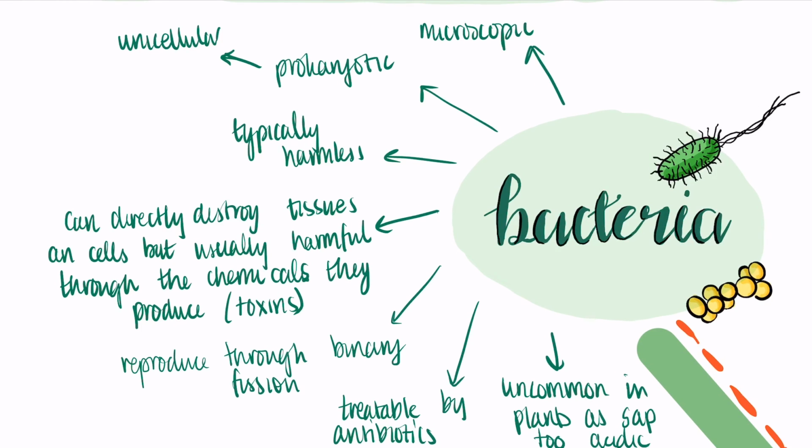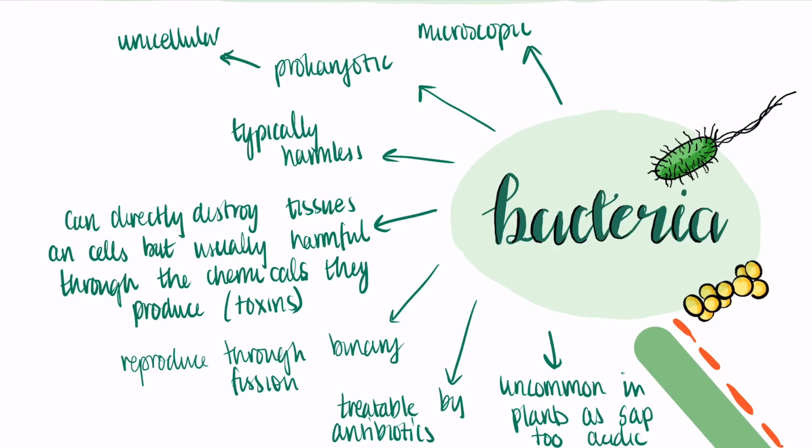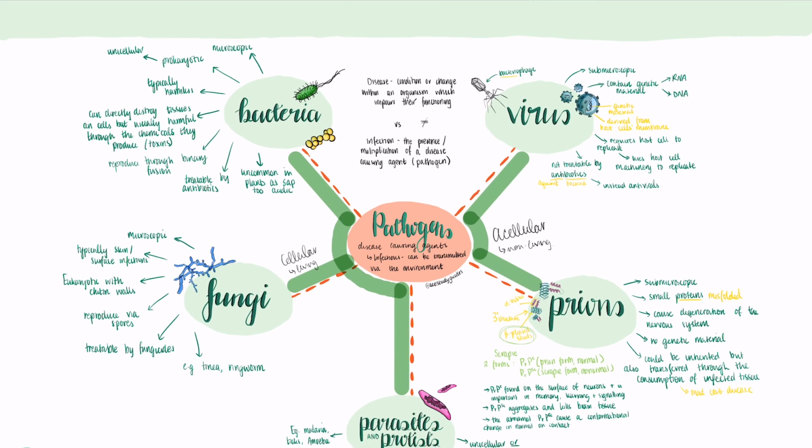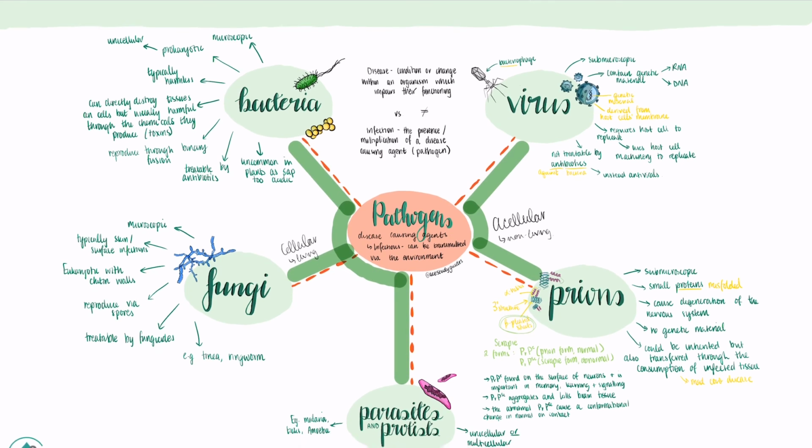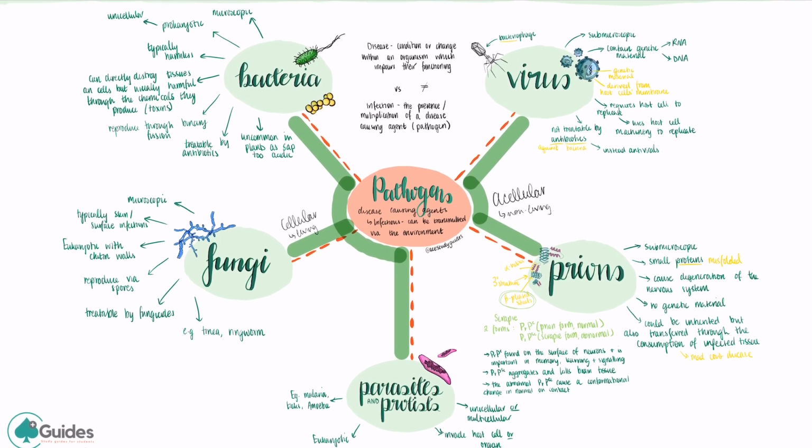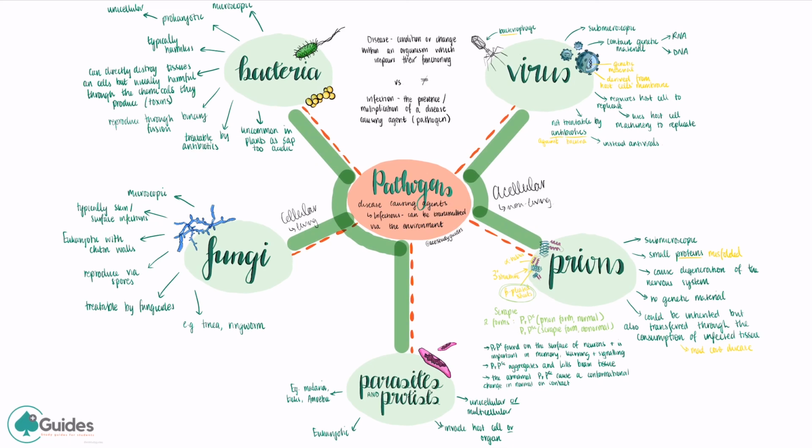So there's our five main groups of pathogens. We've got our non-cellular viruses and prions, and our cellular bacteria, fungi, parasites, and protists. When we think about all of these, we're now going to move into area of study 2, responding to antigens, and how our body actually fights infections of these particles, particularly when they start to cause those negative effects of disease.